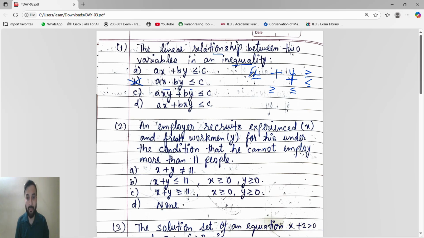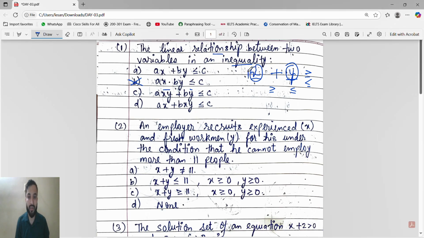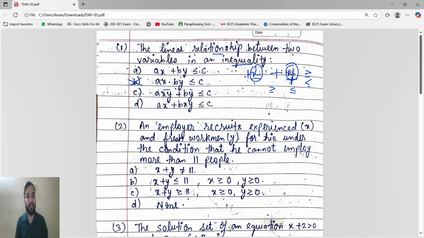No, it should only be in terms of x and y, and anything can be the coefficient, but here they have given xy and y, which is not right.